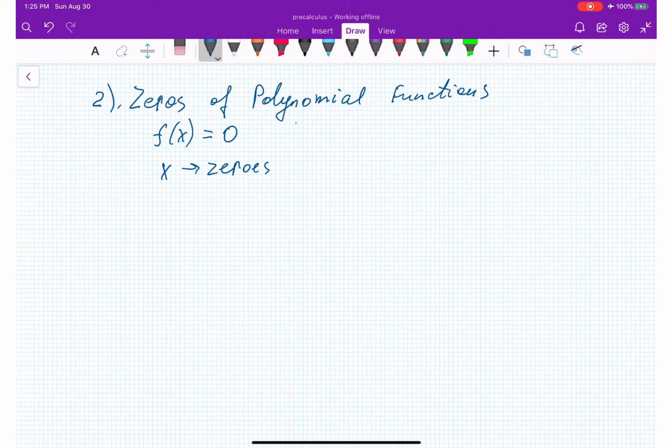The value of x acts as a zero of the function, and we also call them roots, and we also call them solutions. That's algebraically. On the graph, x is going to be called an intercept.